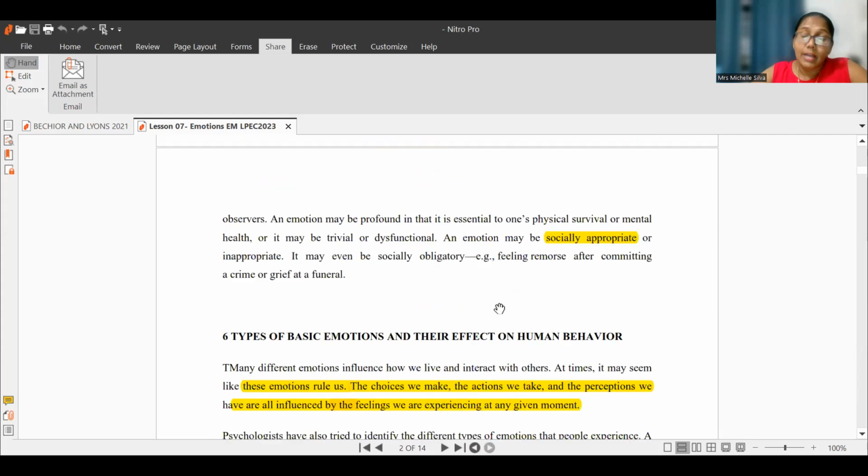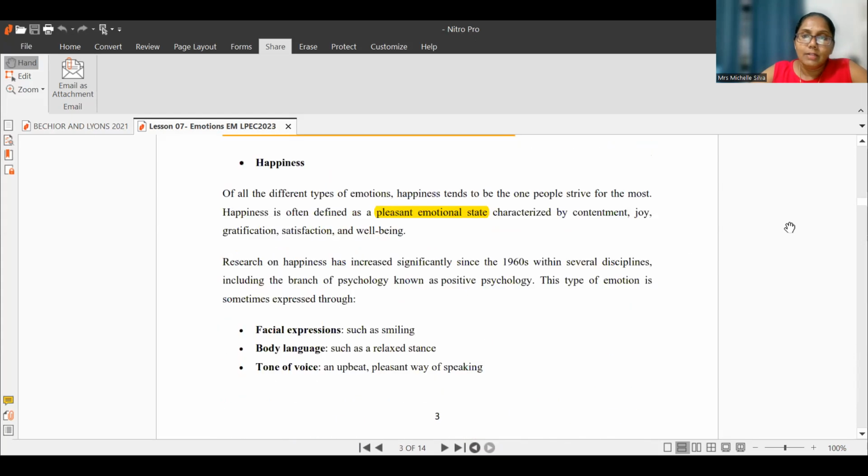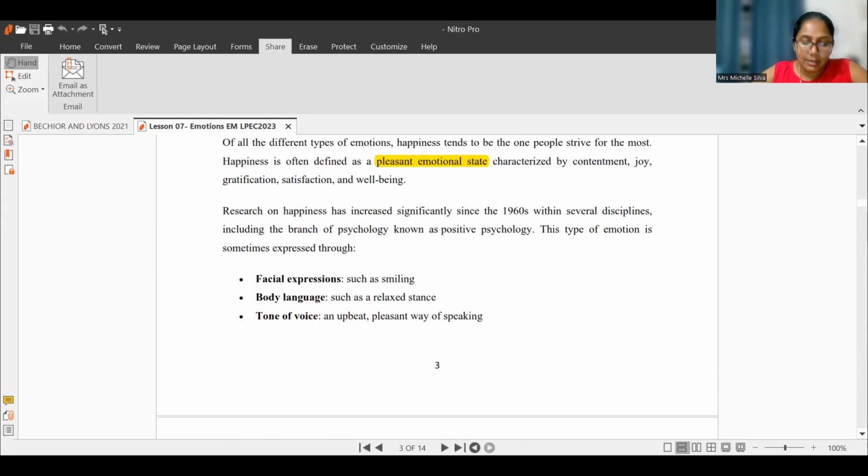I explained the James-Lange theory, the Cannon-Bard theory and the facial feedback theory, but I kept the Schachter-Singer theory as well as the cognitive appraisal theory for your self-study.